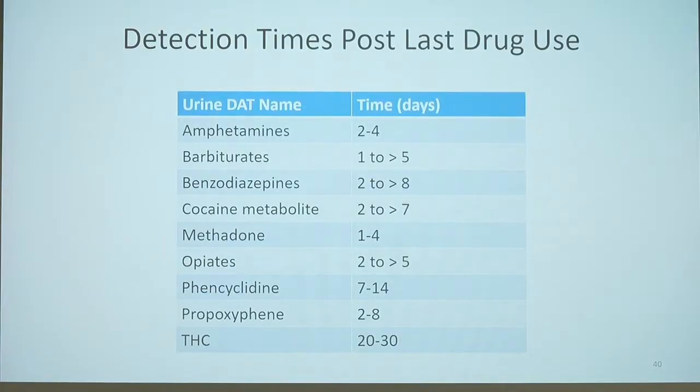Hydrophilic drugs are more likely to be eliminated faster unless they have active metabolites. Benzodiazepines are lipophilic, but they also have active metabolites. That's why there's a range. Methadone is mostly hydrophilic. And then THC, 30 days. That's because it's being stored. It might be 60 days for me.